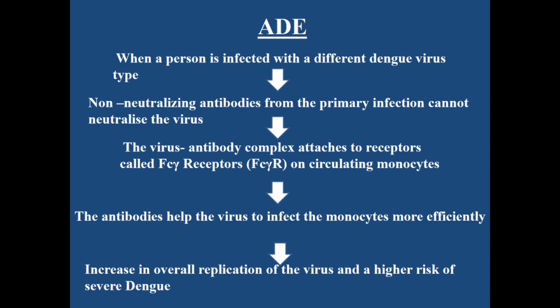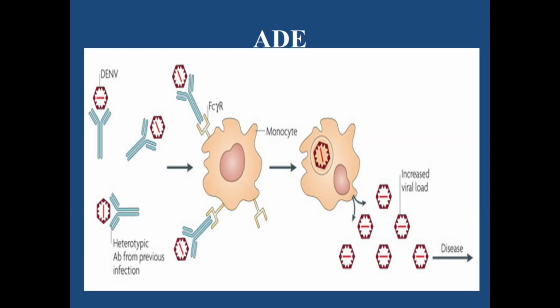So the antibodies actually help the virus to infect the monocytes more efficiently. Inside the monocytes, there will be release of a lot of cytokines as a result of infection by this complex. There will be an increase in cytokine release, an increase in replication of the virus, and hence a higher risk of severe dengue infection. So this is what happens.